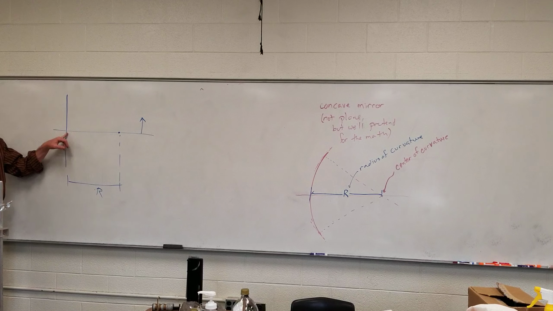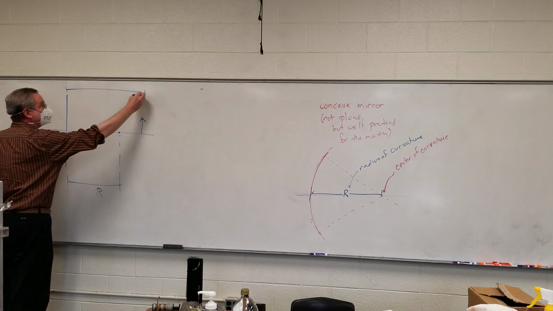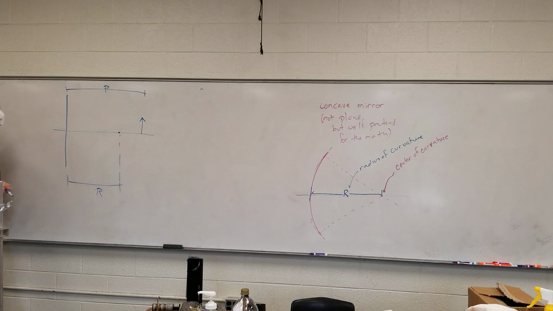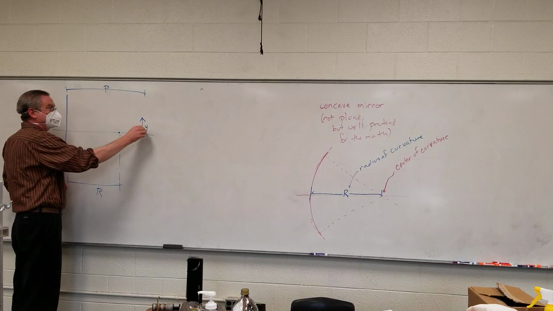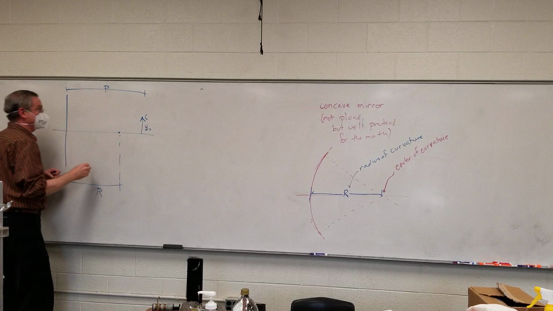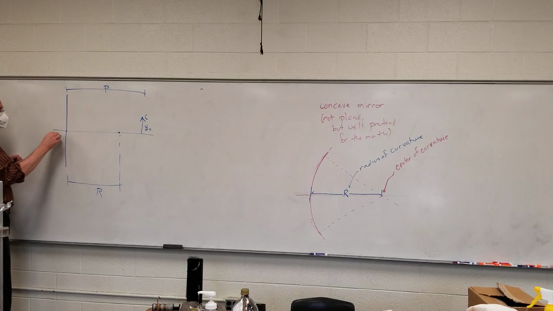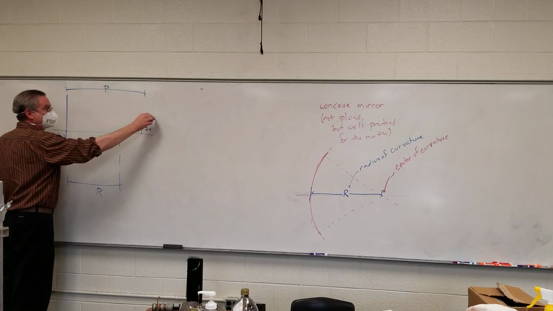The distance from the center of the mirror to my object, we're going to label p. And the height of this we will label as y sub O, for object. If this is the origin right here, this point right here would be the point p and y0.